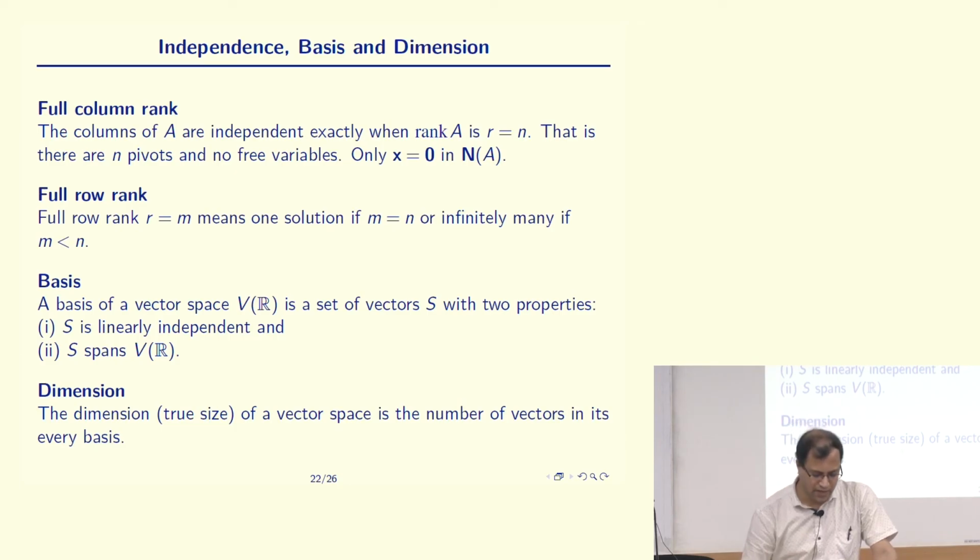Similarly, for full row rank, the number of independent row vectors equals the rank. We'll see how this affects the number of solutions in a system of linear equations.